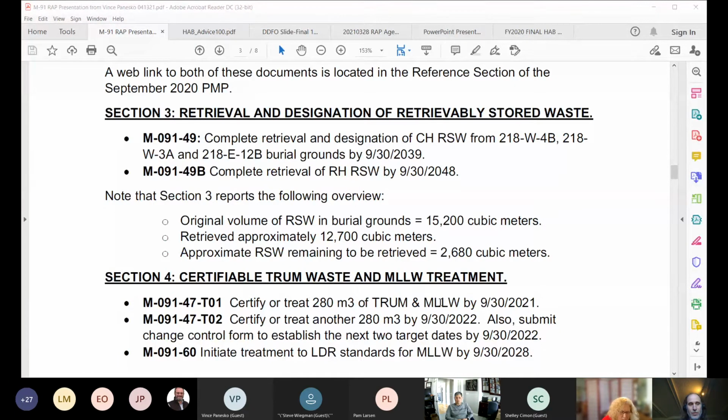So we got a response to the advice that Jam was the IM team lead on for B Plant, non-time critical removal action, and just wanted to talk through and see whether we have anything we want to talk to the EIC about with the response, whether it ticks all the boxes we were looking for, whether there are any clarifications we need to request.